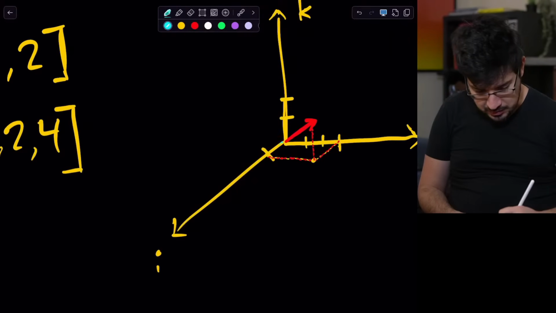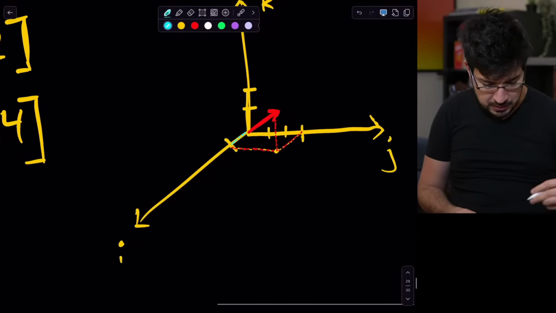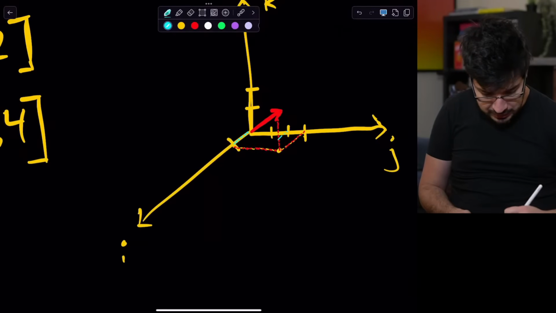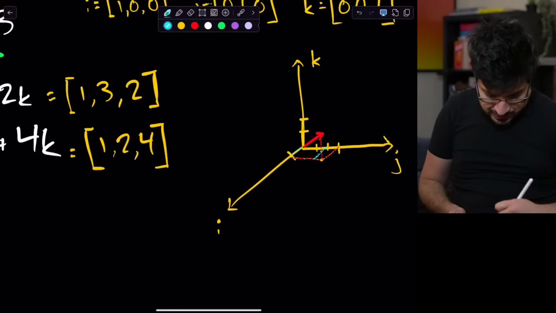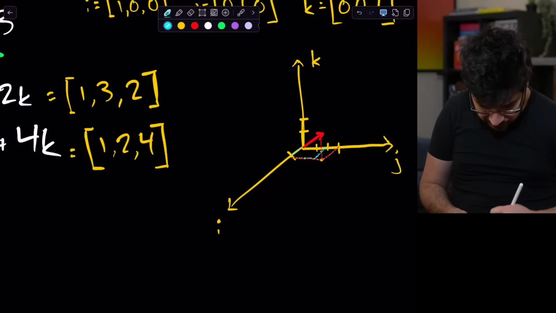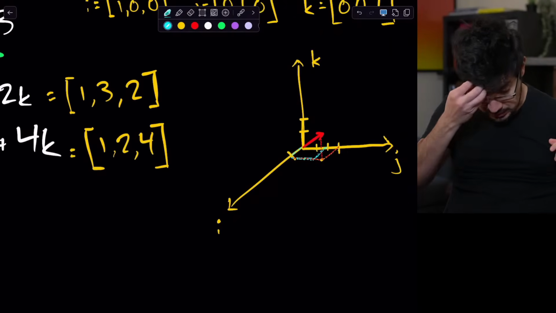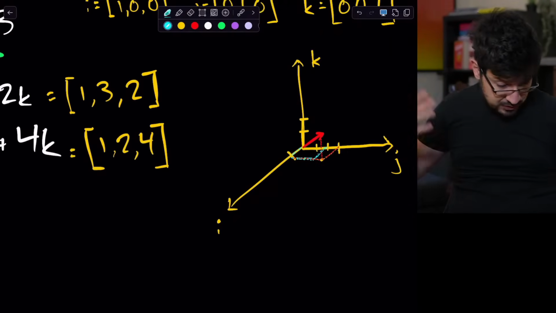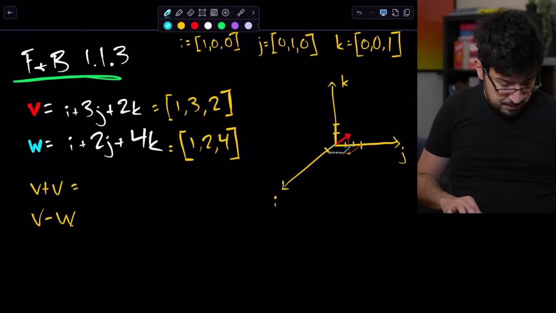So we have 1, 2, 4. So now the blue vector, 1 in the i coordinate, 2 in the j. So I'm drawing little parallel lines so that it helps us see the three-dimensional coordinate space. I should have spaced these way out, but I didn't. Oh well. 1, 2, 4.